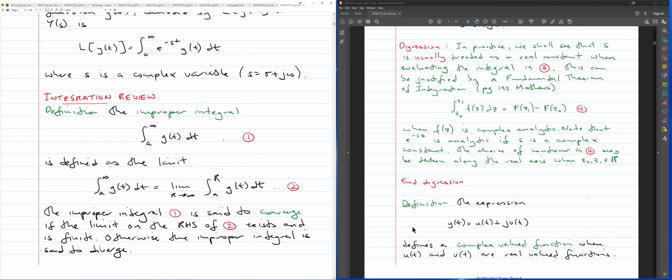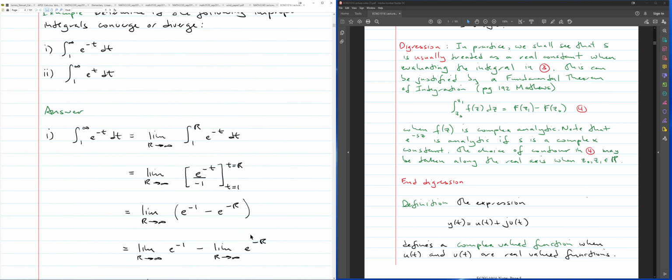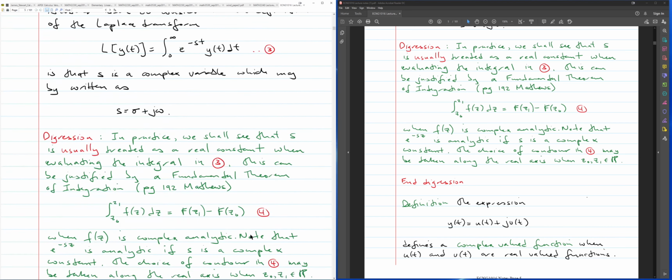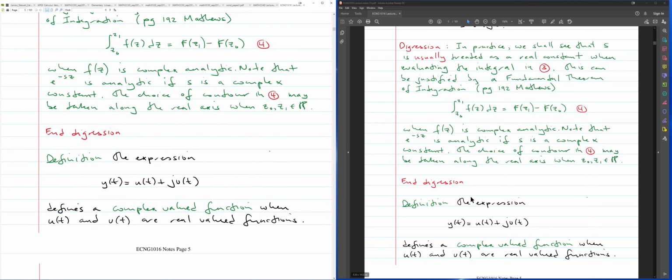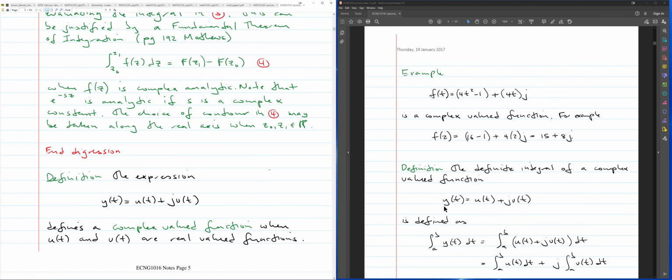Let's see an example of that. For example, this function over here is complex valued. Notice I have this j over here, and it's of the form where this is my u of t here, and the v of t is the 4t, comparing to this expression.